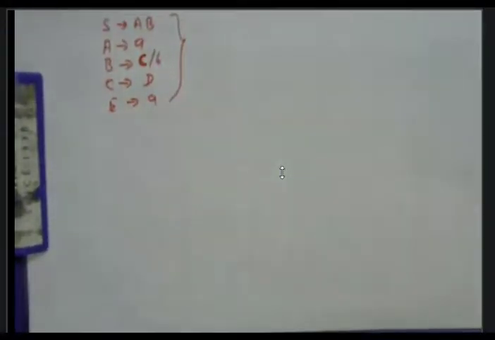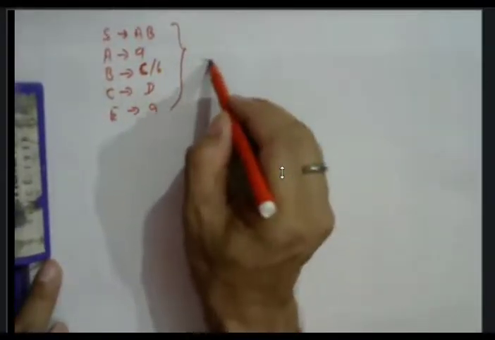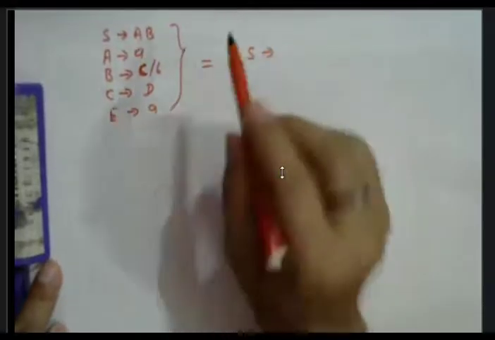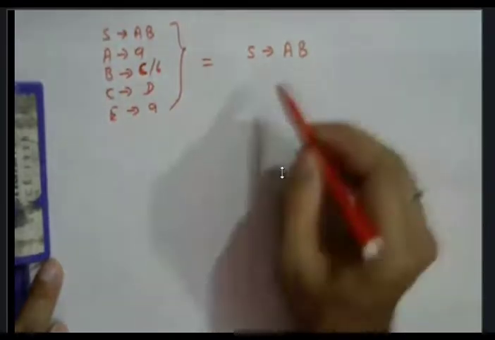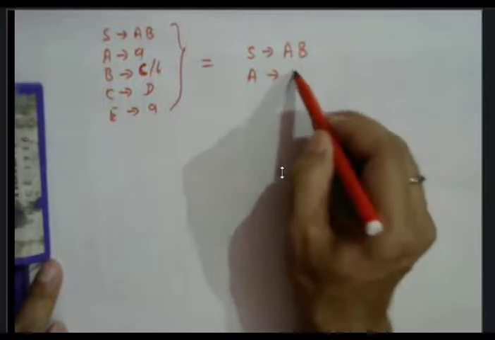Then we can write the exact form of the grammar like this. That is equivalent. S tends to AB. As I know, there is no unit production in S tends to AB, so it is in the right form. A tends to A, that is the same.